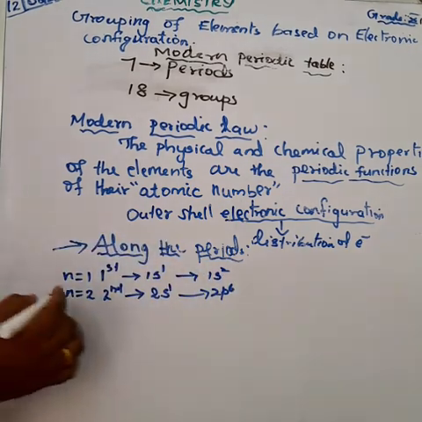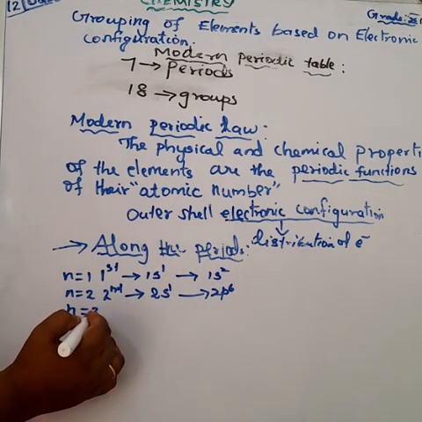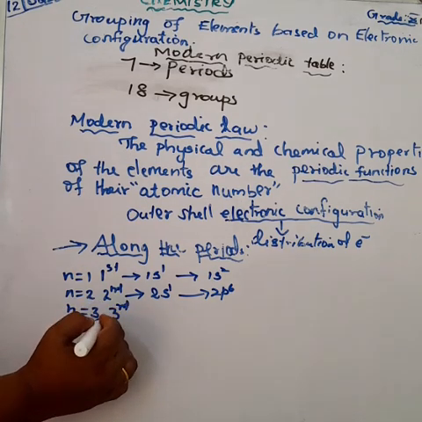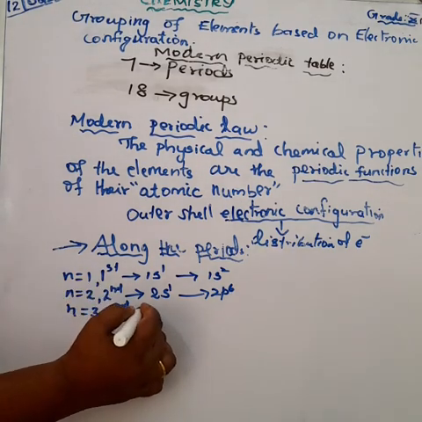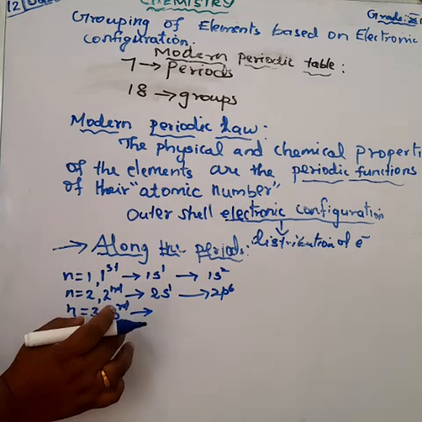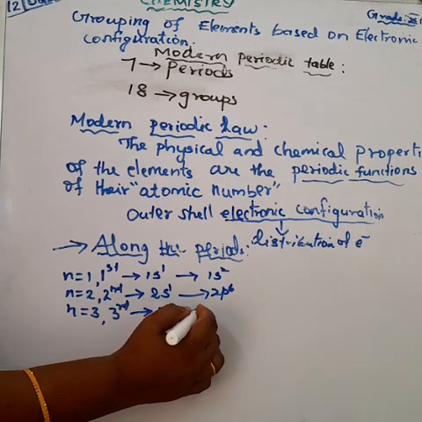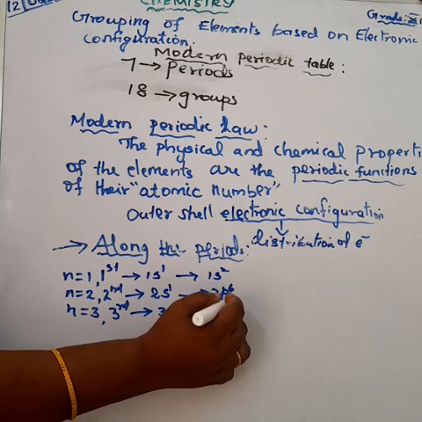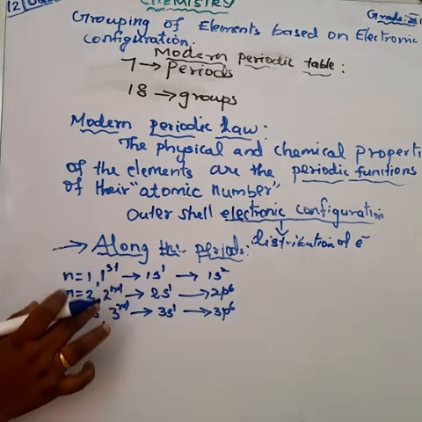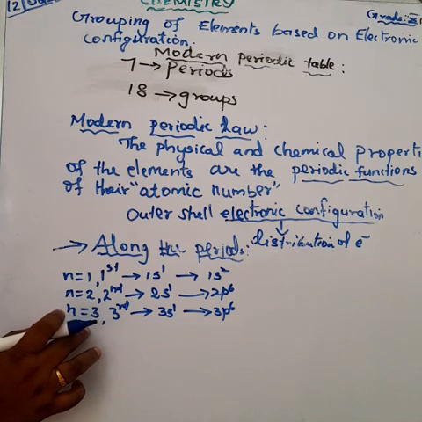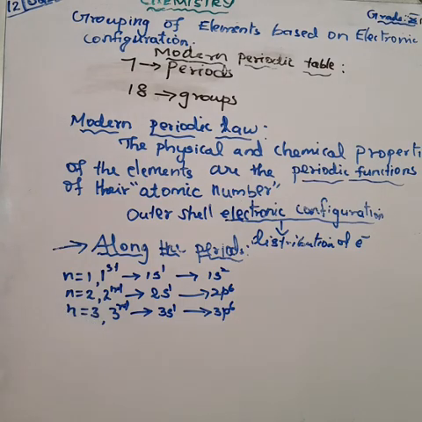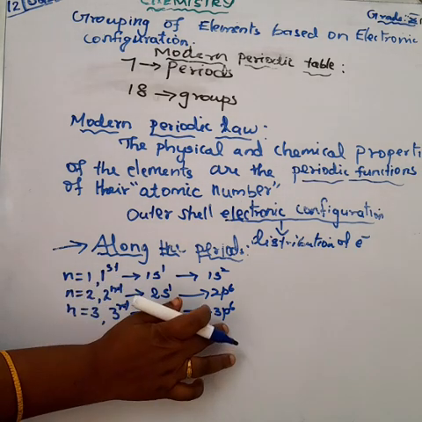And the third period, n is equal to 3. The electronic configuration of the elements can start from 3s1 to 3p6. The first element of the third period starts from 3s1 and is completed with 3p6.